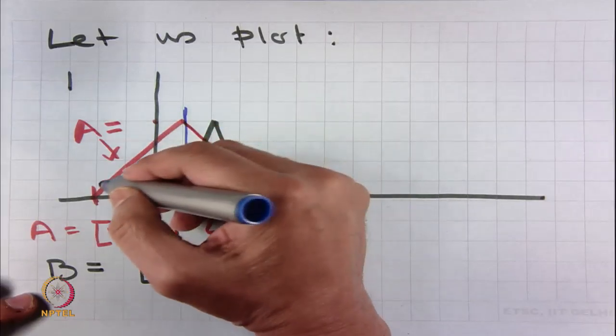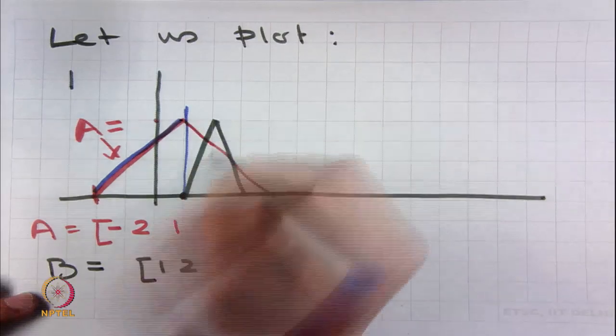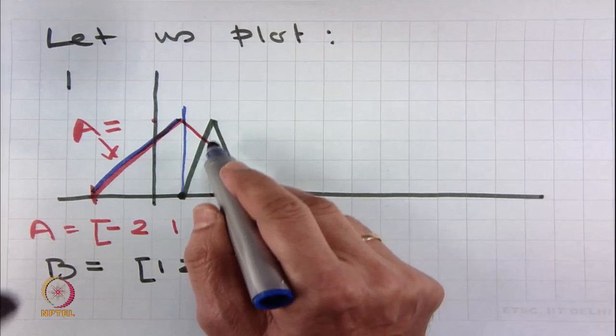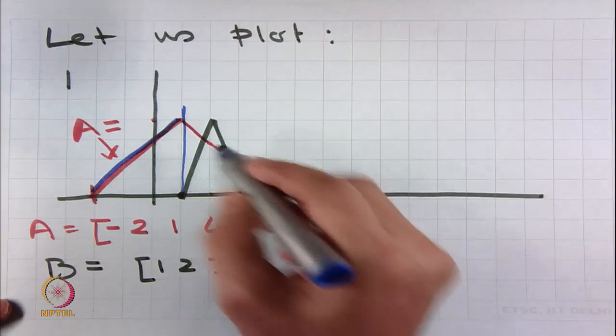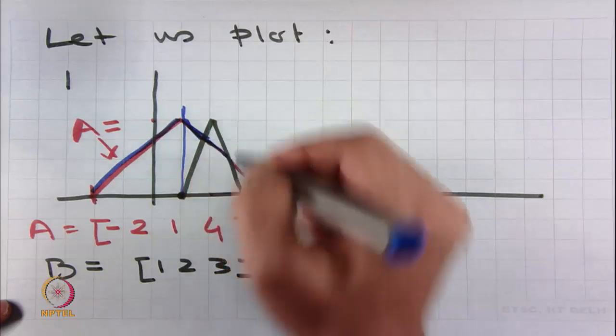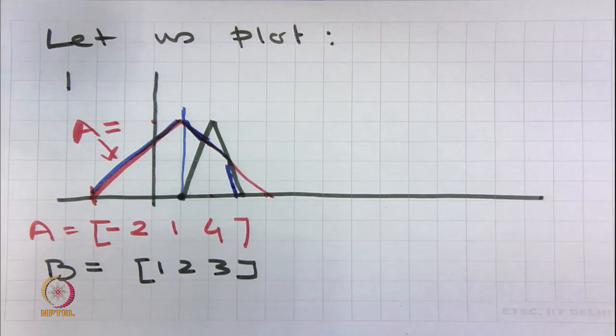So, this is going to be for C, and for this interval this is minimum up to this point, and after this, this is minimum.